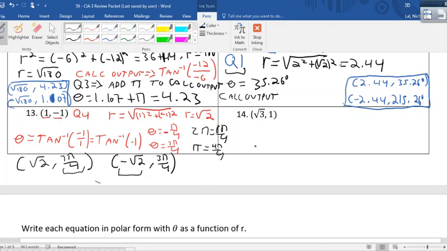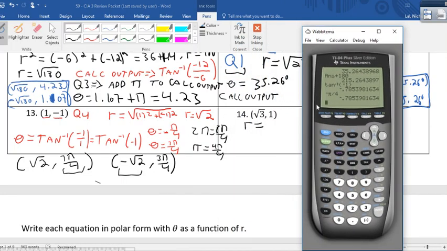For 14, last one in the section, we're going to have the square root of the square root of 3 squared plus 1 squared.